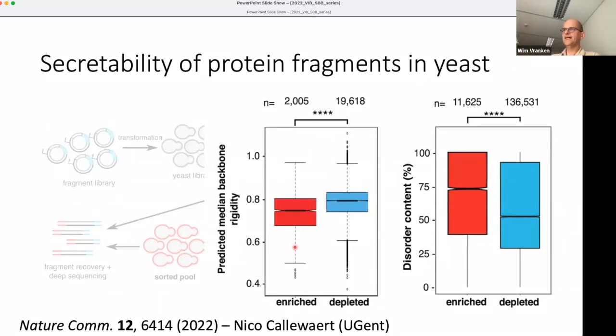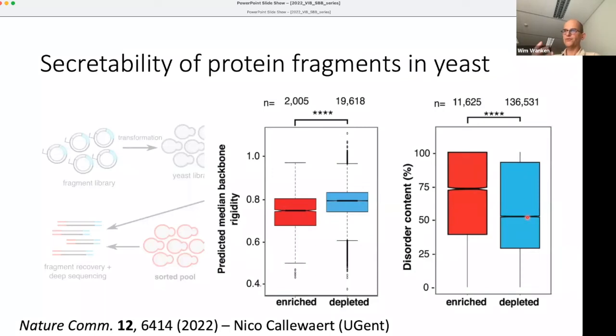You can see again here that the backbone rigidity tends to be much lower, exactly in the context-dependent region, for the enriched ones, whereas they were much more rigid for the depleted. Same for disordered content. So there also the enriched ones were much more likely to contain disorder than the depleted ones.